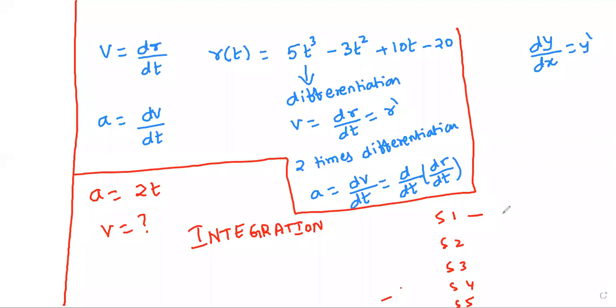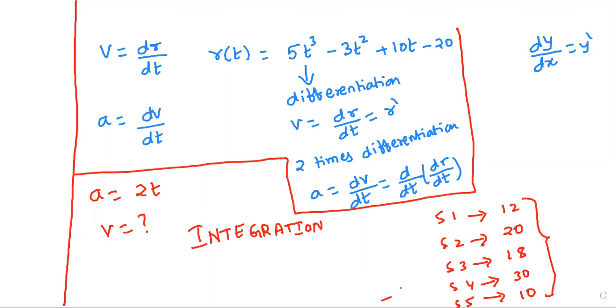Suppose student 1 has 12 books, student 2 has 20 books, student 3 has 18 books, student 4 has 30 books, and student 5 has 10 books. So I can say the total number of books possessed by all the 5 students.